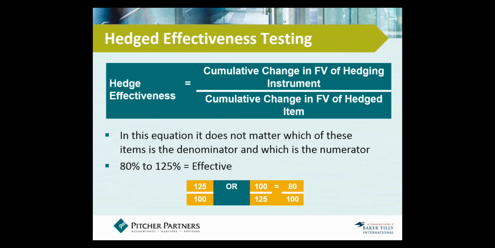It is a comparison of the cumulative change in the fair value of the hedging instrument over the cumulative change in the fair value of the hedged item. So really what we're saying is, cumulatively, we wanted to protect the hedged item. So were we successful? The cumulative change in the hedged item over the cumulative change in the hedging instrument, the instrument we used, did we get it right?